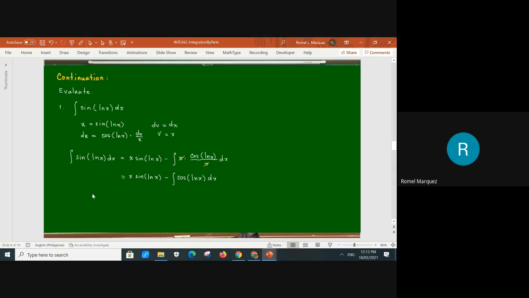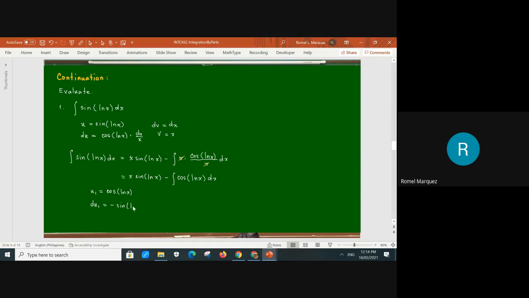But this time, let u equal cosine of ln x. And let's see if integration by parts again will work. So we have negative sine of ln x. The derivative of cosine is negative sine of this ln x.